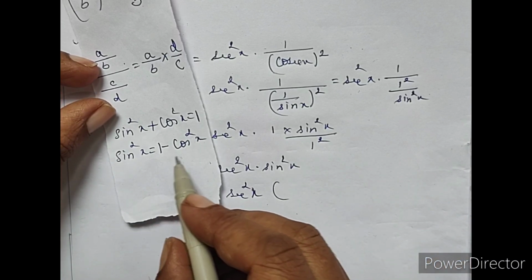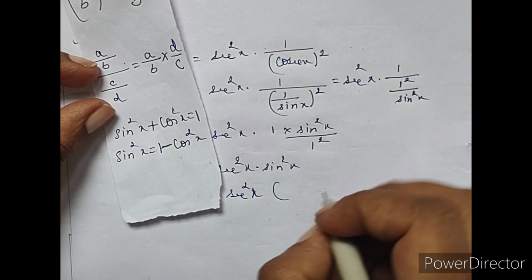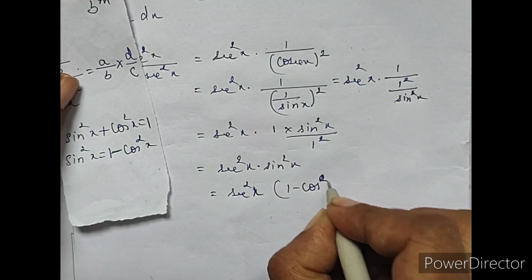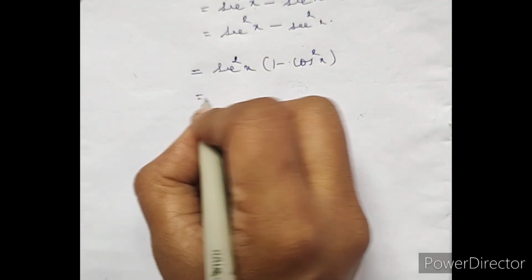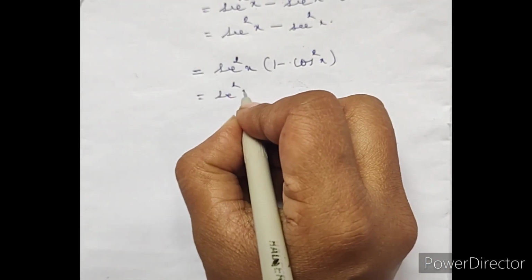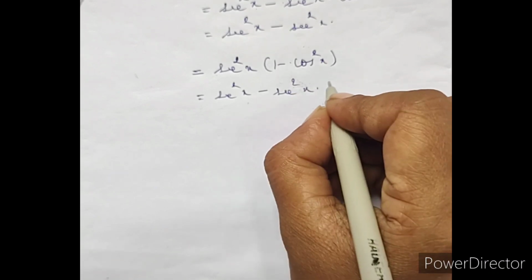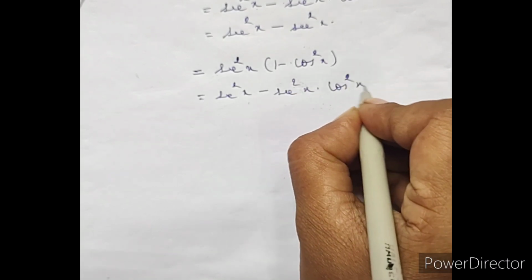Using this rule, I'll write sin square x as 1 minus cos square x. So multiply secant square x inside the bracket. So we get secant square x minus secant square x into cos square x.